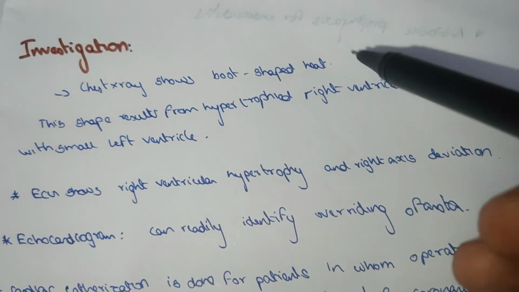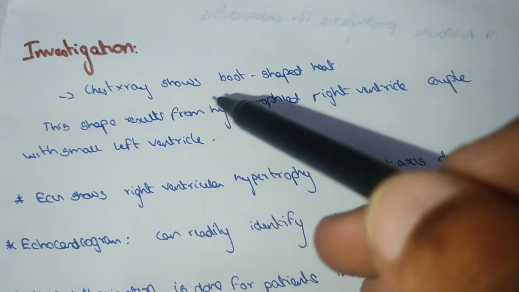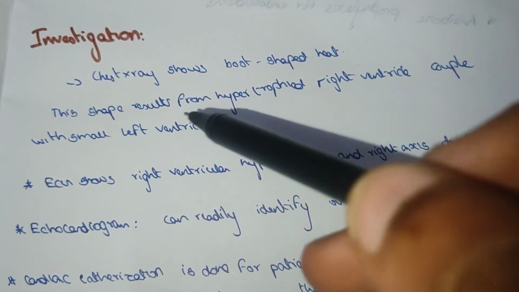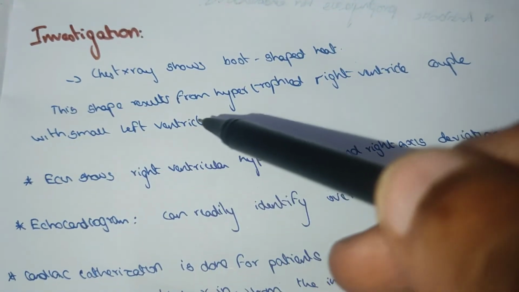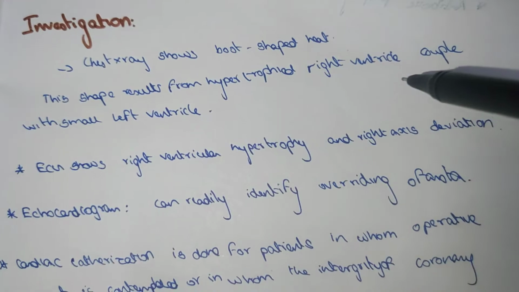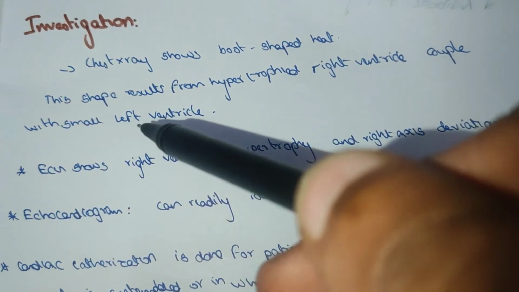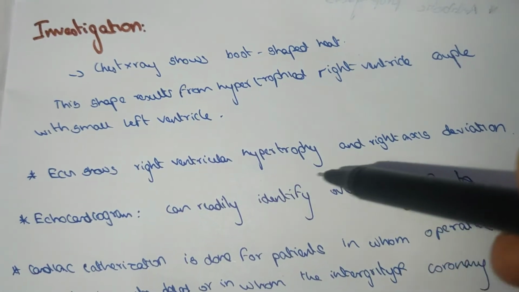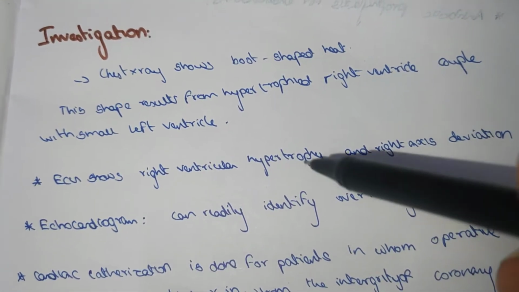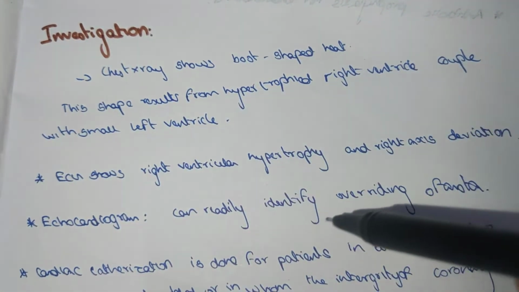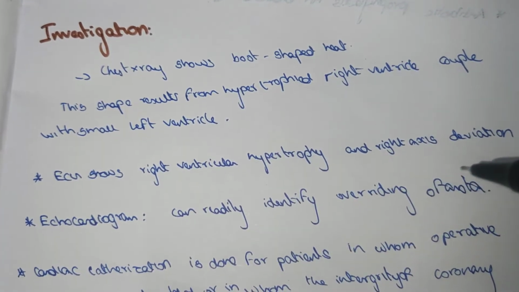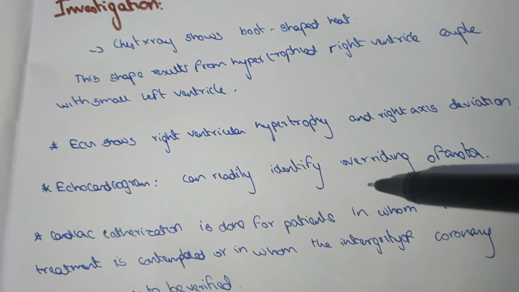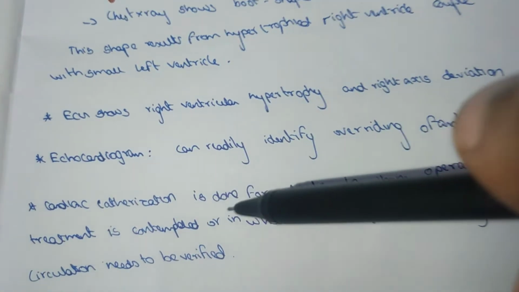The investigations of Fallot's tetralogy: in chest X-ray, it looks like a boot-shaped heart. This shape results from hypertrophy of the right ventricle coupled with a small left ventricle. The ECG shows clearly the right ventricular hypertrophy as well as right axis deviation. Echocardiography shows overriding of the aorta.